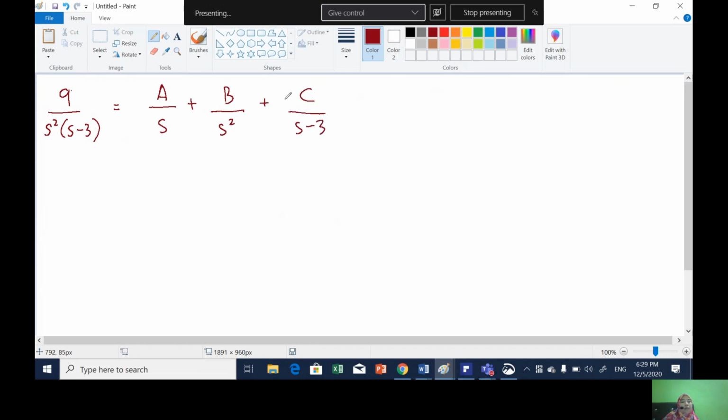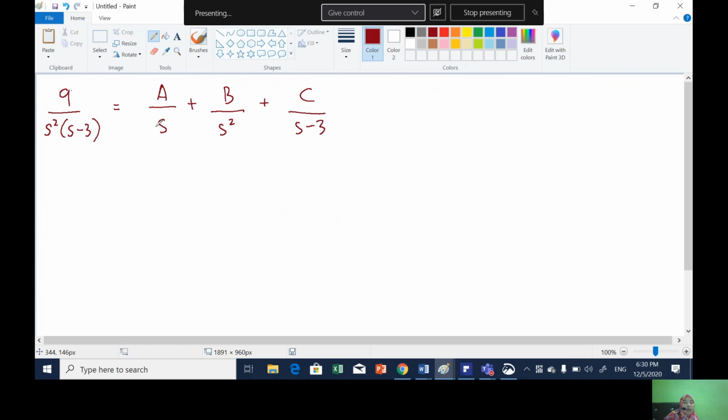There are 3 partial fractions here. So the next step is to find the values of A, B, C. ABC must be constants. Remember, we have to combine these 3 partial fractions into one single fraction.